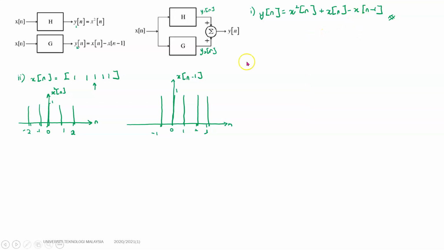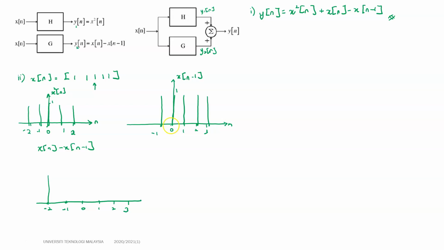So xn is also equivalent to x squared n, so we just have to subtract these 2. For xn minus xn minus 1, there's no value at n equal to -2 for this one. Remember, this is minus. So 1 minus 0 is 1. We put the value of n first here. So 1 minus 0 is 1, and then 1 minus 1 is 0 here.